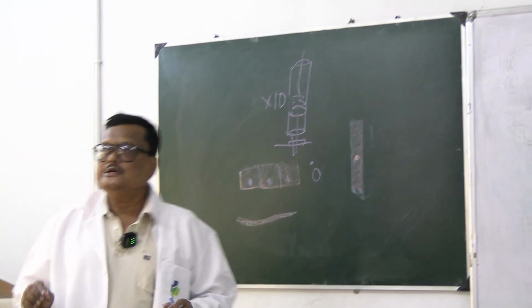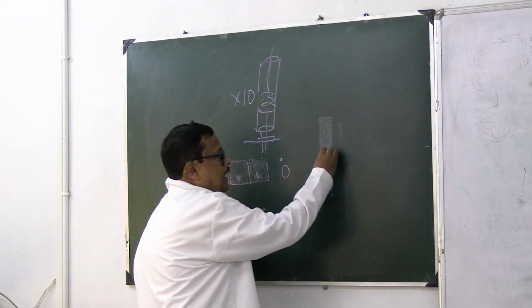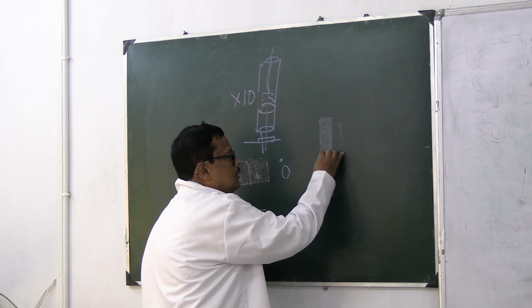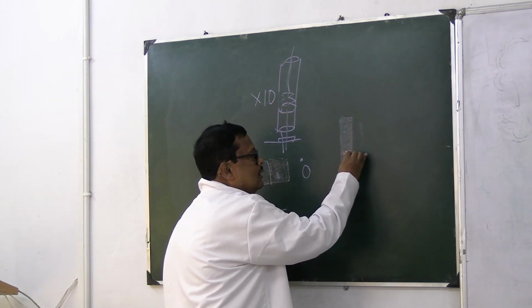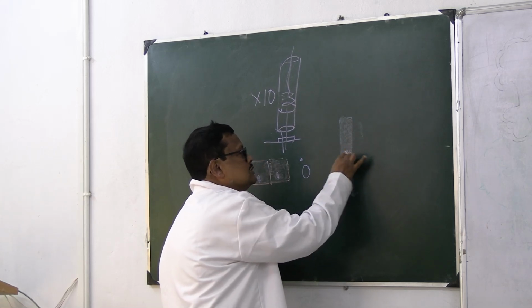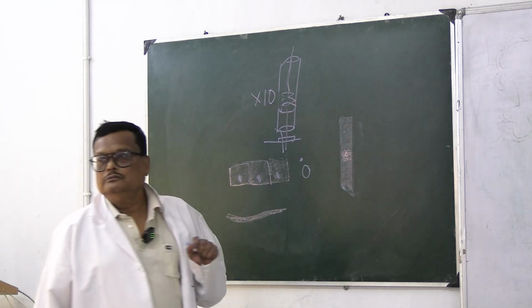Here the cartilage gets gradually destroyed and bone cells are formed. They lay out the intercellular substances, I have already told you, and deposit calcium here, and bones are formed. Where? More or less in the midpoint of the shaft area on the cartilage model.